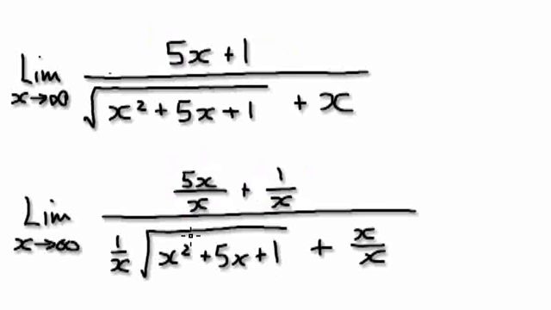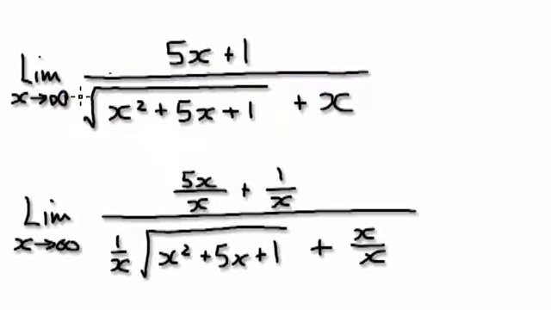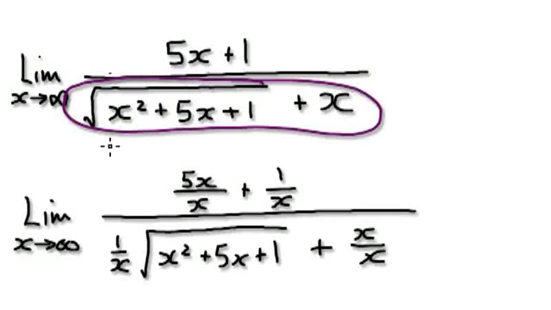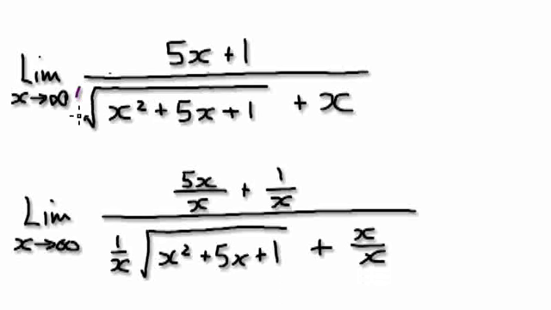But don't forget, when we're dividing this by x, we are dividing this part by x. Dividing by x is the same as doing this times 1 over x. So when you've got this bubble here, if you divide by x here and then divide by x here, that's the same as multiplying by 1 over x.